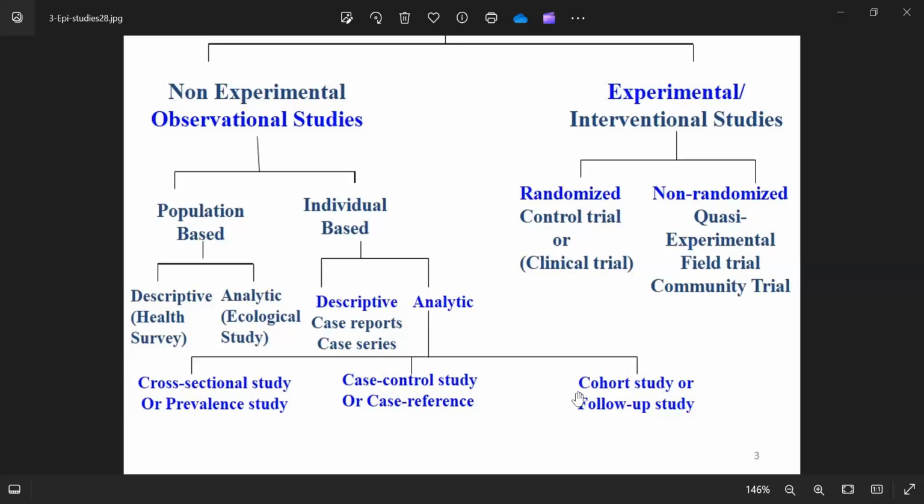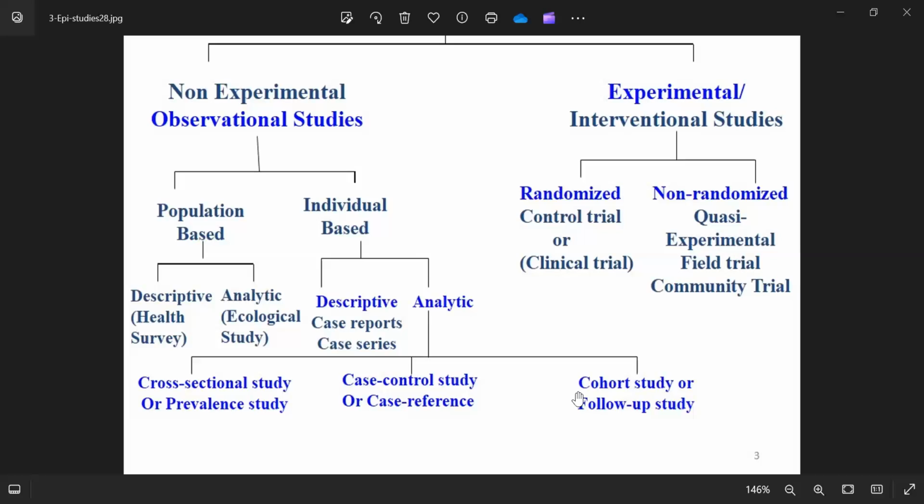Some will be exposed to chewing tobacco, some will not be exposed. Okay. So now, at the end of that observation, you observe to see those that will develop oral cancer among those who chew that tobacco and those who do not.